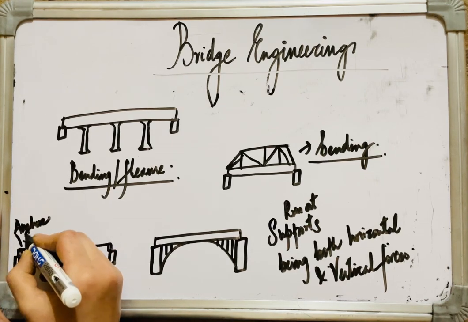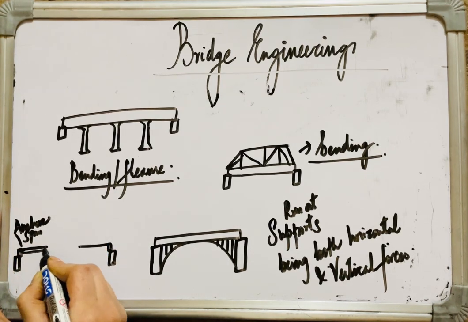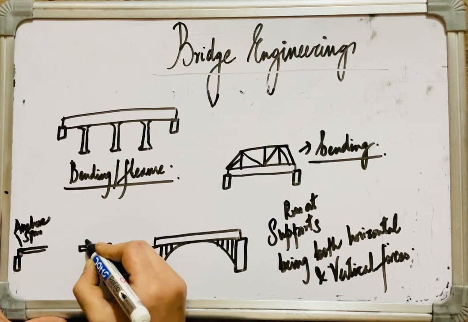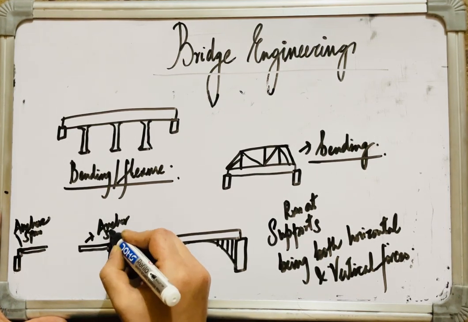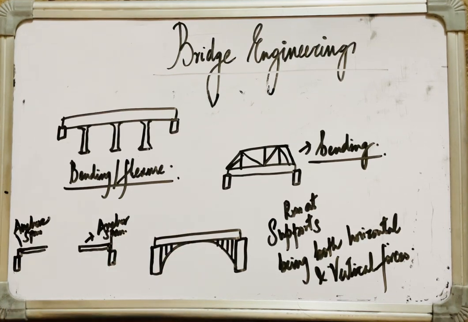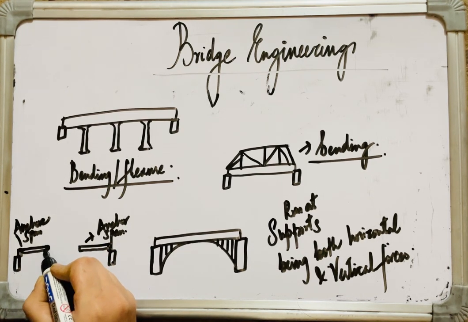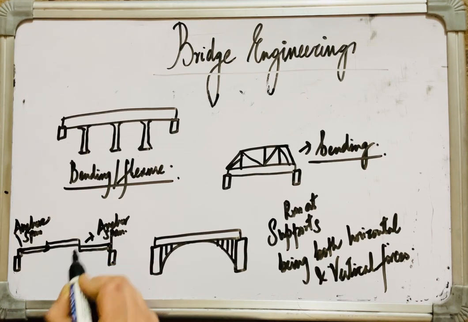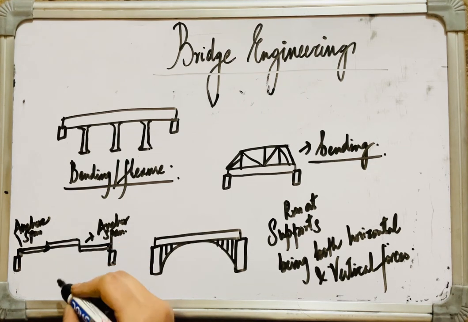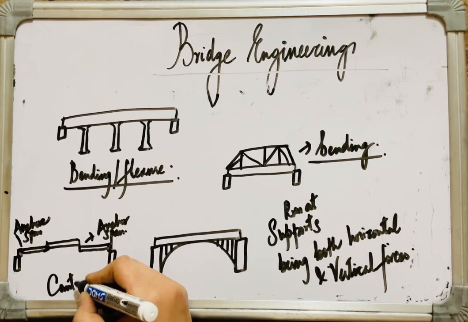This is another anchor span or a cantilever span, a cantilever being a beam which is fixed at one end and free at the other. So here in case of the cantilever bridges, we use projecting beams known as cantilevers, and the central span remains essentially suspended on the two free ends of these cantilever beams, and this is a cantilever type of bridge.